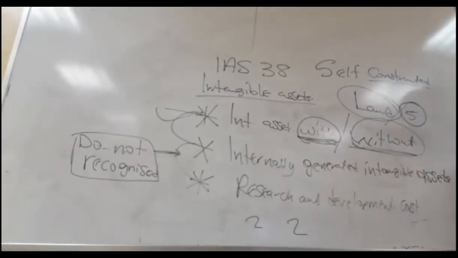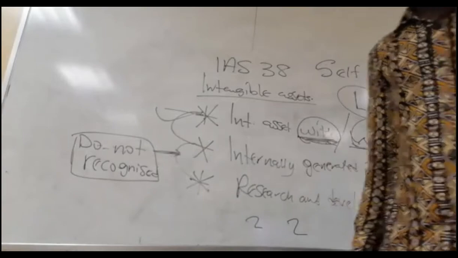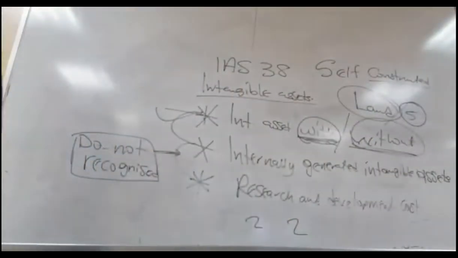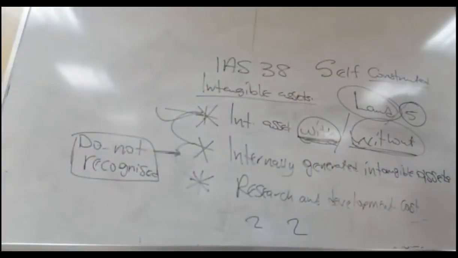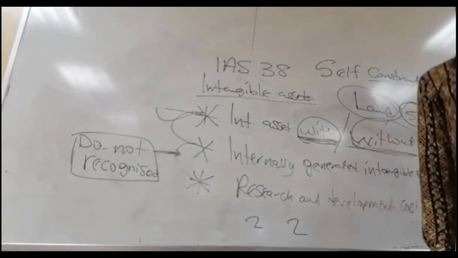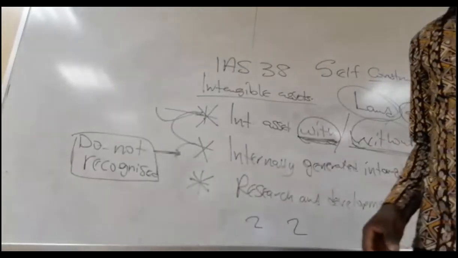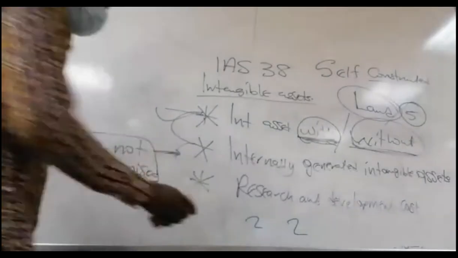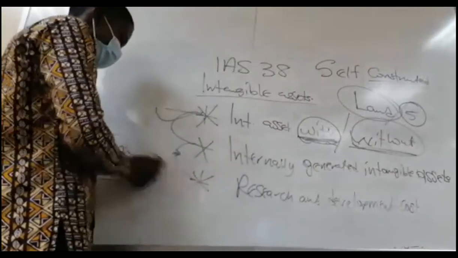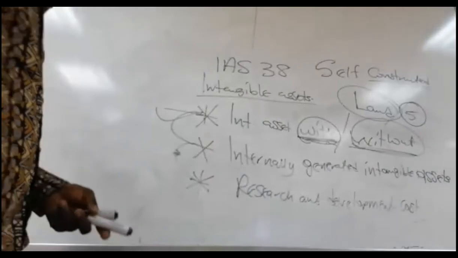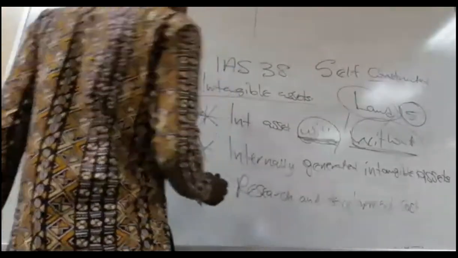These two costs have different accounting treatments. First, research cost must be expensed in the period that you incur it. So all research costs must be expensed.